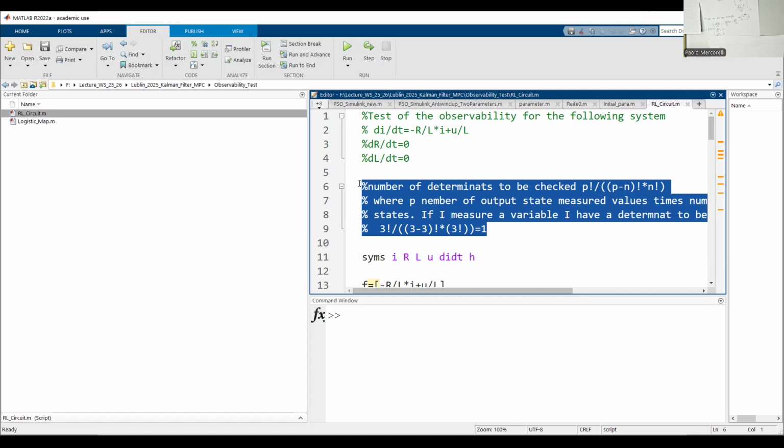I mean, in this example, no. Because as long as we have one output measurement, we have a necessarily square matrix. But I have an example here later just to show you. If you have more than one output measurement, this observability matrix is not square anymore.